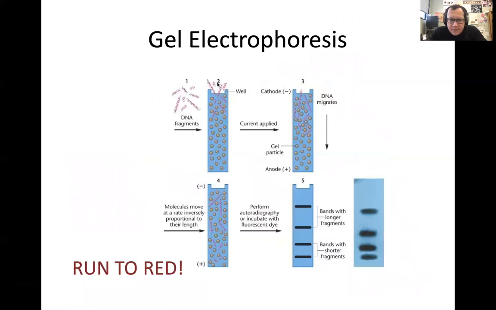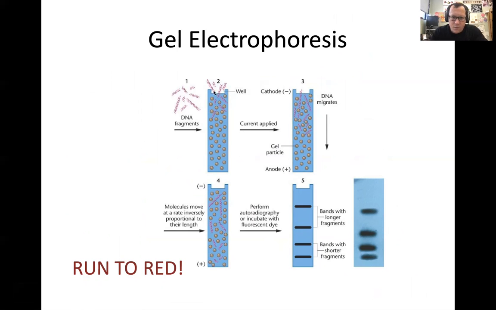And so what happens is if we take our matrix here, that's represented by these little balls inside this blue thing. Essentially, it's like a liquid here that they are referring to as the blue, and the dots are the agarose.